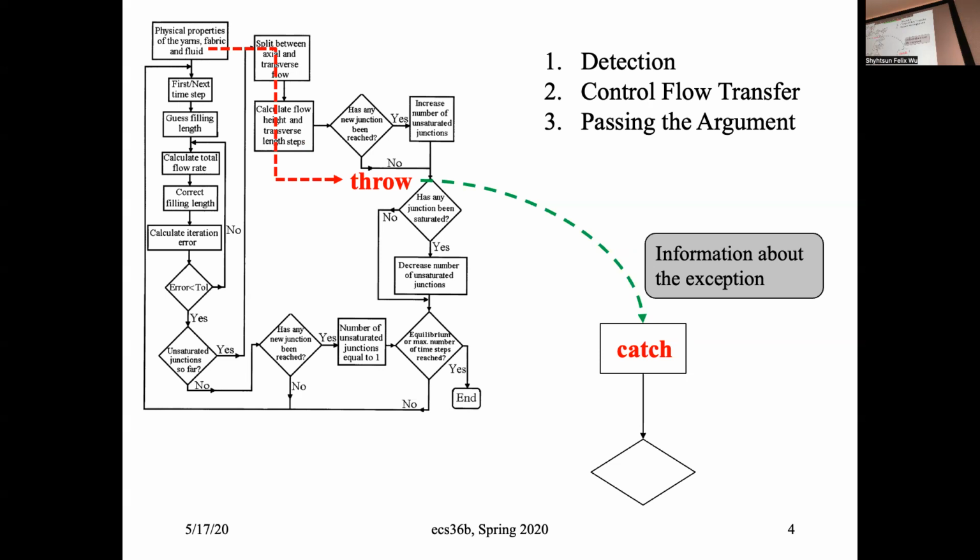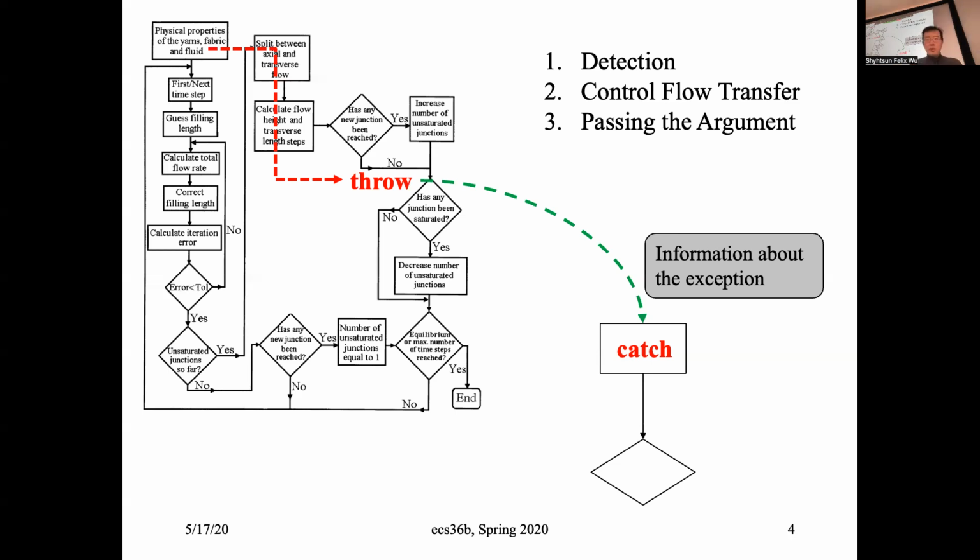After that, you can throw, or it's automatically thrown, and then there is what we call control transfer. It means that the program that was running in the original flowchart now jumps out of that and goes to another place.